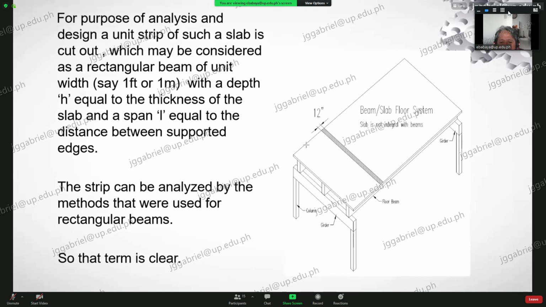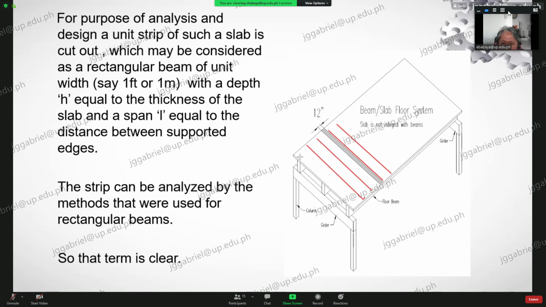Flexural bars will be here. These are our flexural bars. So these flexural bars go all the way up to there. Now, what about the temperature and shrinkage bars?